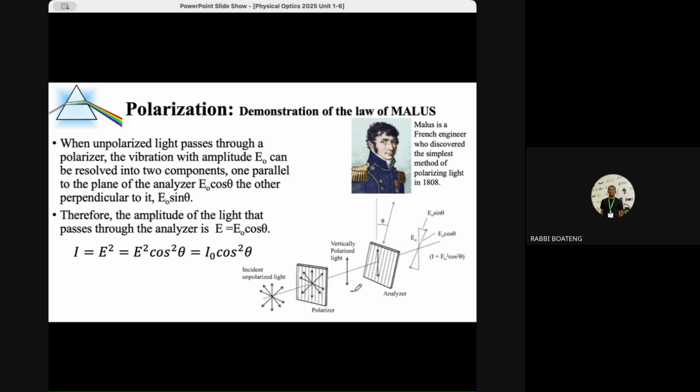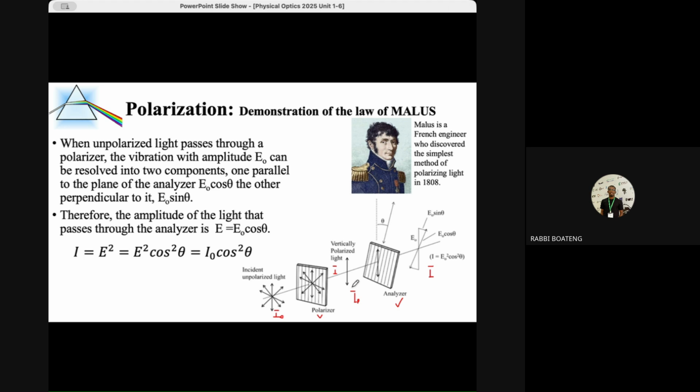Now this is our I naught. This is our I. If I want to do the calculation, in fact this calculation is for this polarizer or analyzer. If I want to do the calculation for this polarizer and analyzer, this is going to be my I naught, and here is going to be my I. Is that okay?